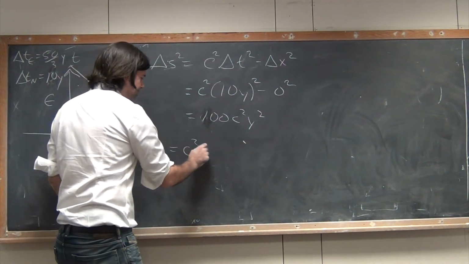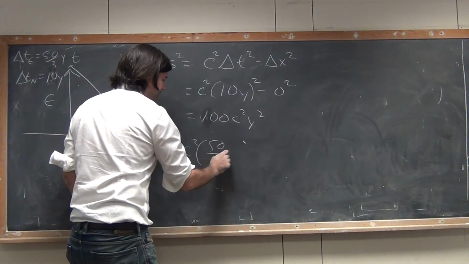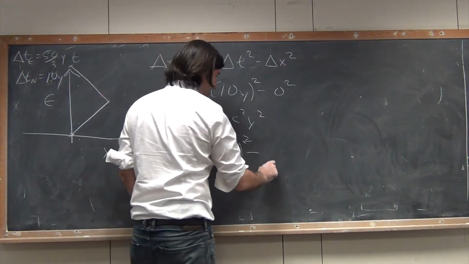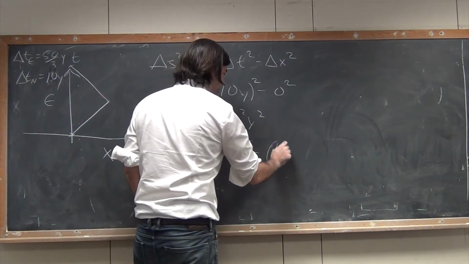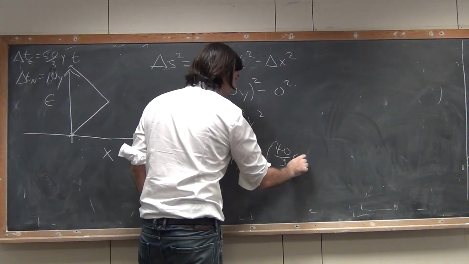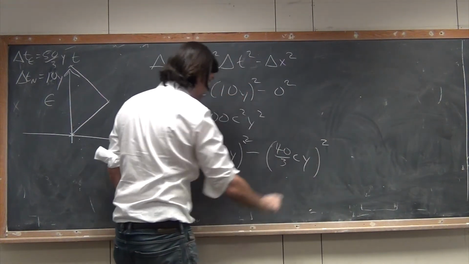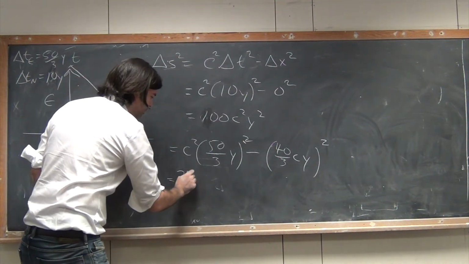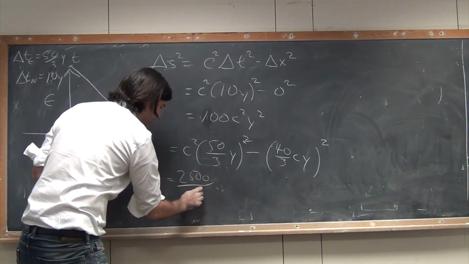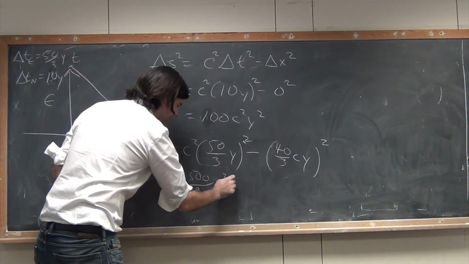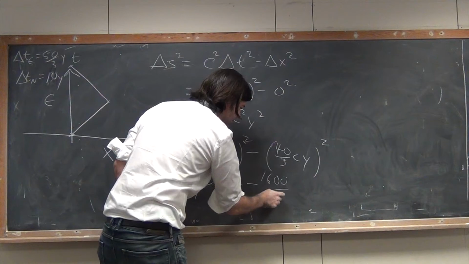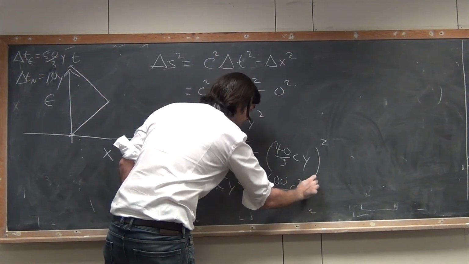Einstein says that the trip took 50 divided by 3 years and went a distance of 40 divided by 3 light years. So I can expand this all out. What do I have? 2,500 over 9 light years squared minus 1,600 over 9 light years squared.